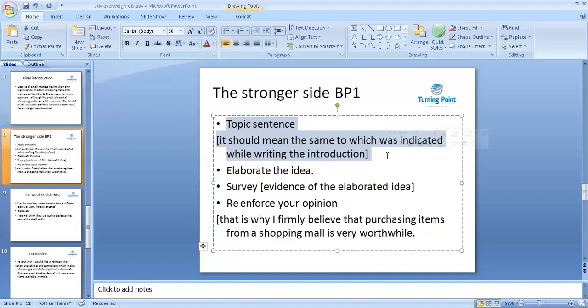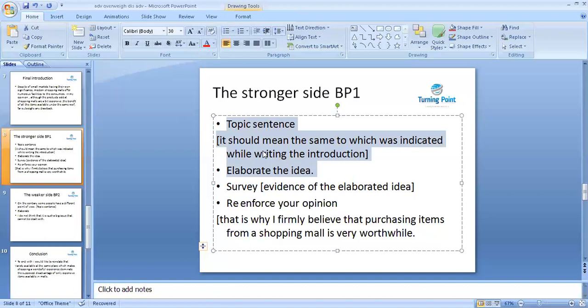So once we elaborate the idea, then we give an evidence with the help of a survey. So guys, the survey is extremely important to increase the ease of understanding of the examiner. With the help of the survey, I give an evidence that the thing I have explained above is not only my opinion.